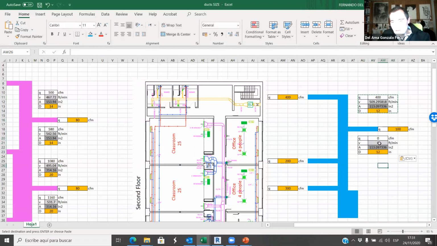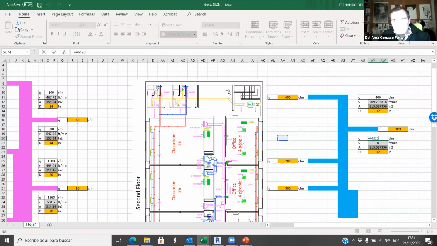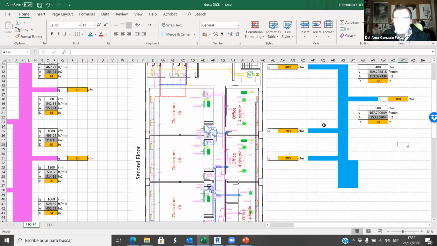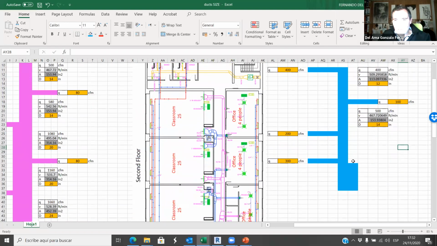The next branch is this diffuser plus this diffuser here. And now the speed is too much, so we can make it 14. Okay, so now it's below this. Now we have a new branch here.